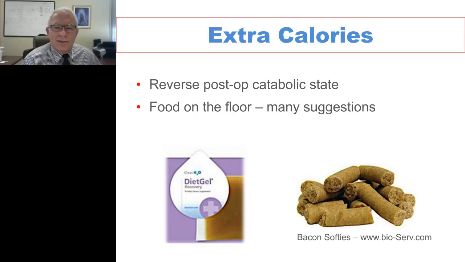So the other one is bacon softies. I'm a strong believer in the bacon softies from BioServe, great company, BioServe. These bacon softies you see here on the right, we use at this other company, a local company where I'm the attending veterinarian. All they do in this company is cancer research. That's it. So when cancer research is done, what's going on?